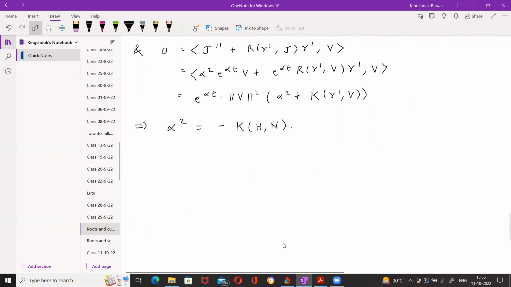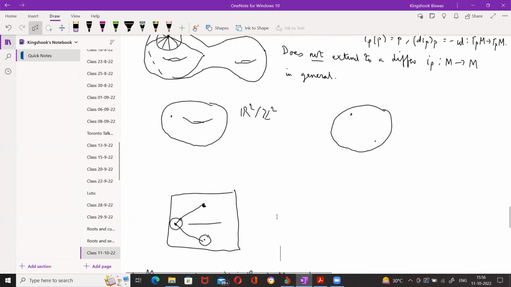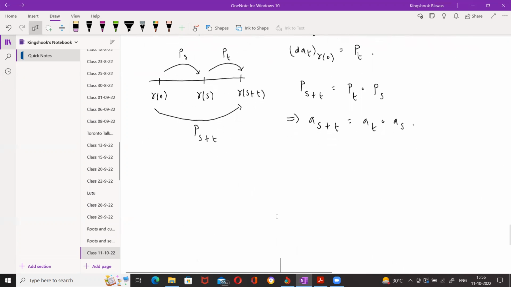So the picture is the following. Maybe I can draw it in the upper half space model. This is the NA model of a symmetric space, NAK.